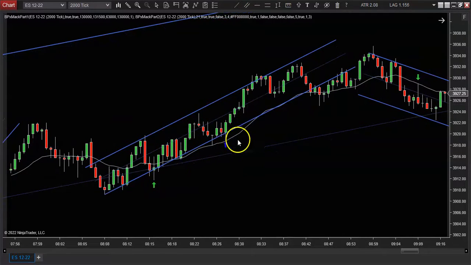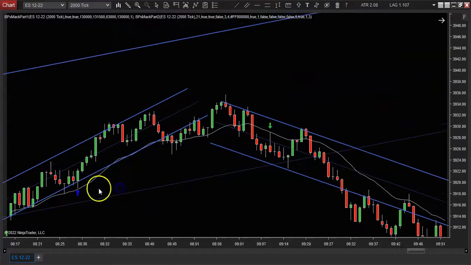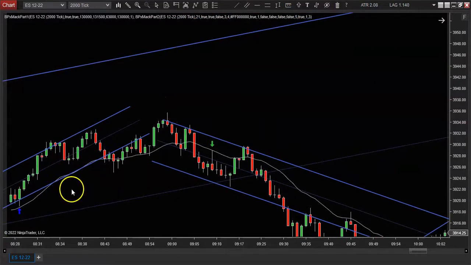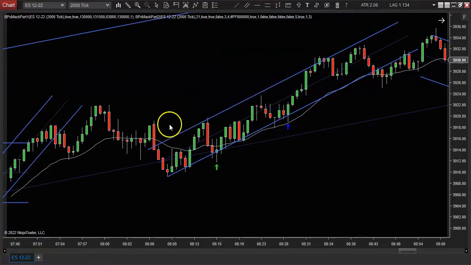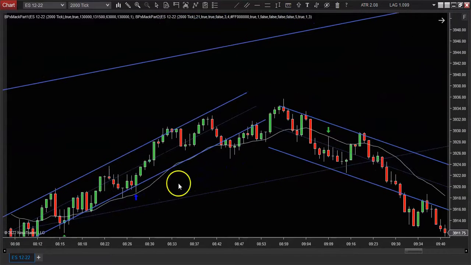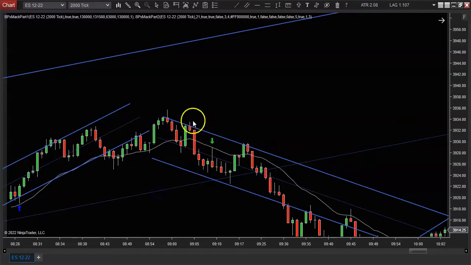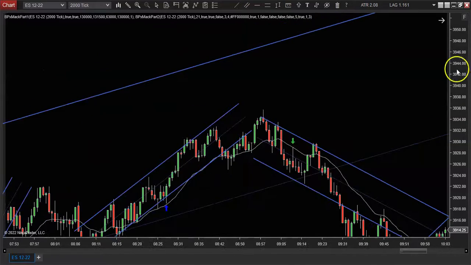This is a second entry long off the trend channel. I like that one. It is going into the highs though, but it's second entry. And yeah, it's off the key entry point. Slight overshoot, then we get a new high, break, couple legs to a new high, and then you get a first entry, failed second entry long.